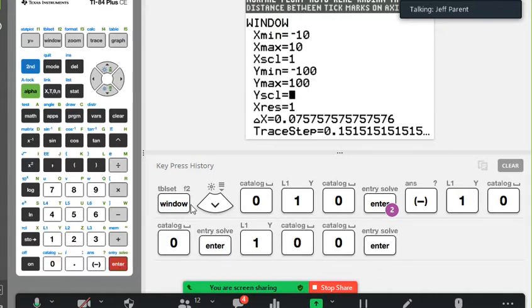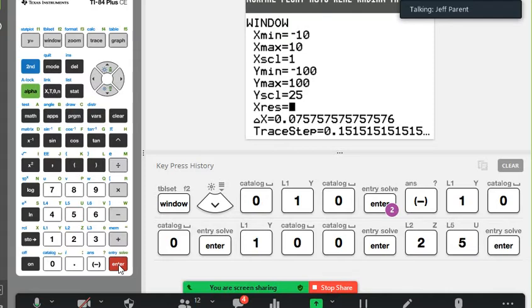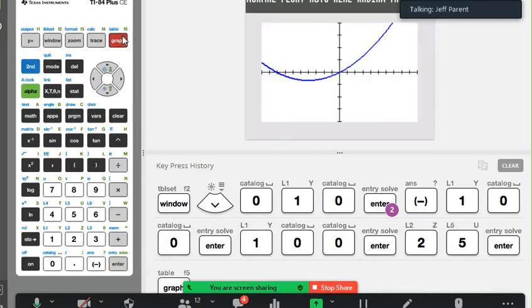I'd have like 40 tick marks up and down the y-axis. So let's pick something bigger, like maybe 25 or 20 works. Either one. That way you don't have so many tick marks. And it's not bad, but I don't get the feeling of a parabola because I can't see enough of the left-hand side of this. So it's not great.